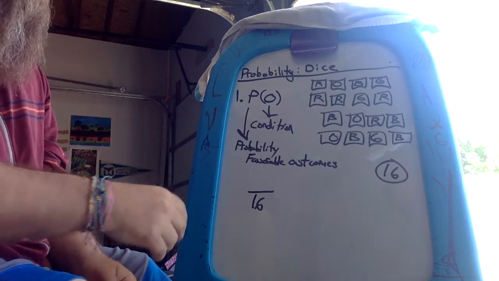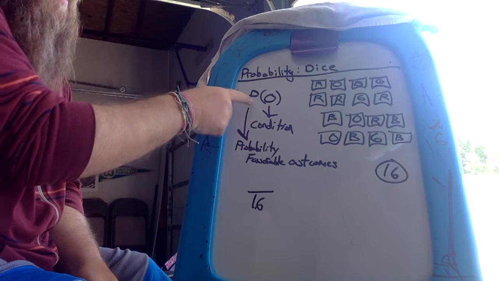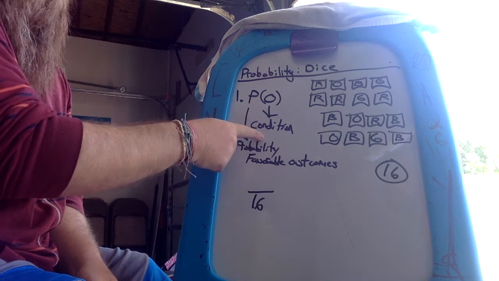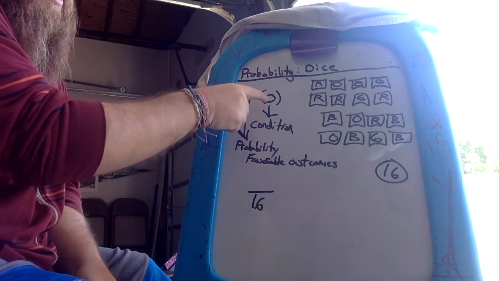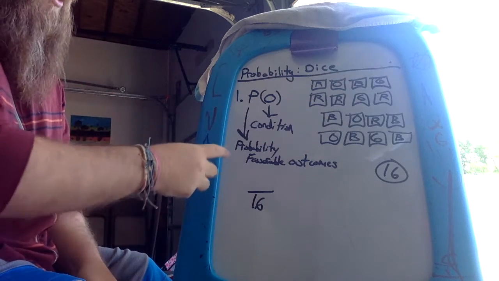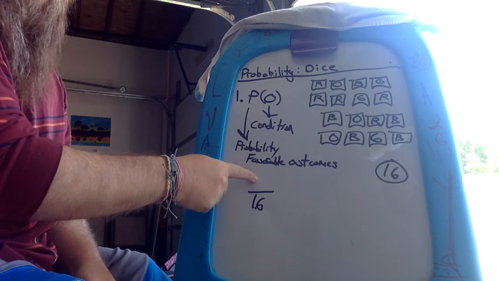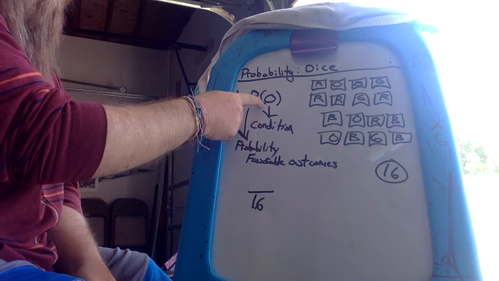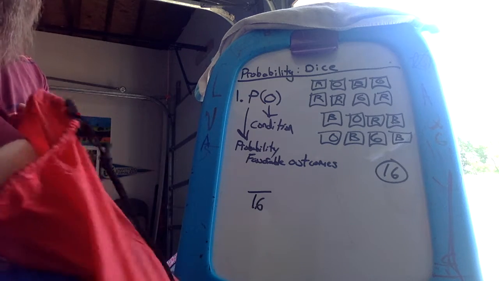So when you have P with the O in parentheses, the O is the condition, which means this is what I'm asking: what's the probability that I would pull an O, or in this case an orange, out of a bag of 16? The probability is the favorable outcome, which is the numerator, so the O for orange, and then the total is 16.